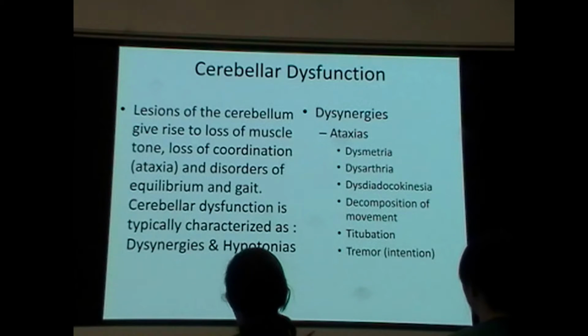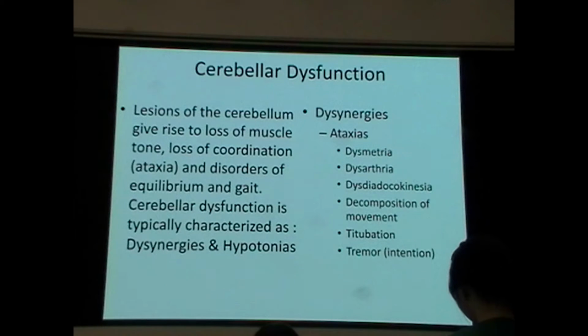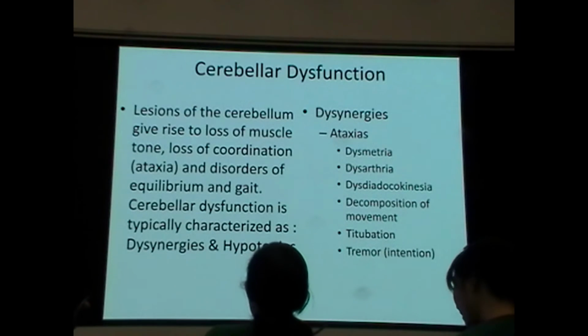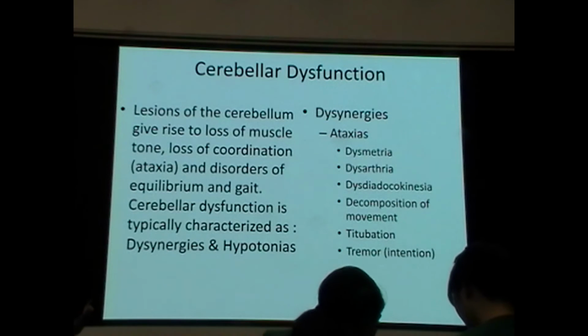If you try to pick it up again, your hand starts to shake. That's an intention tremor. The tremor starts when you try to move. Because we'll see in basal nuclear disease that there's a tremor, but it's not voluntary.